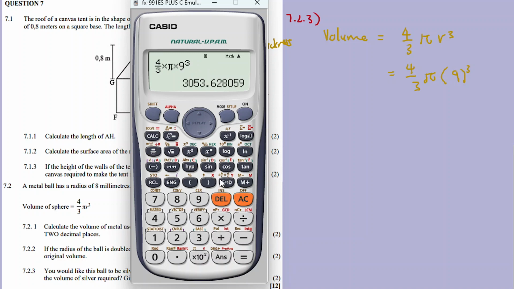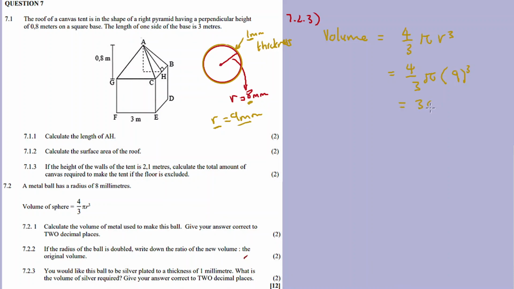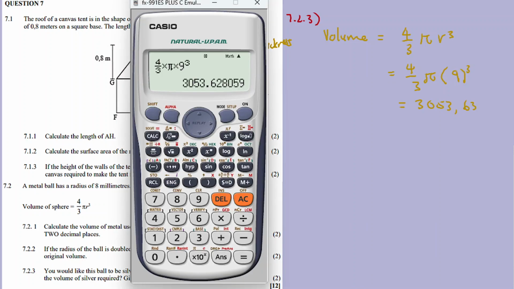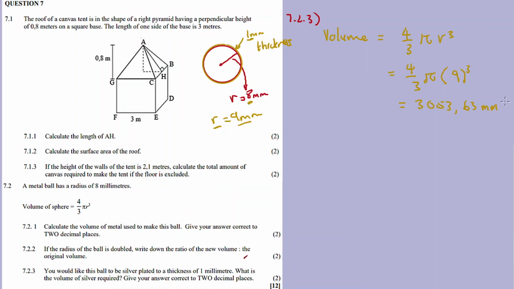The answer is about 3053.63 millimeters cubed. So this is the volume of the entire ball with the silver plating.